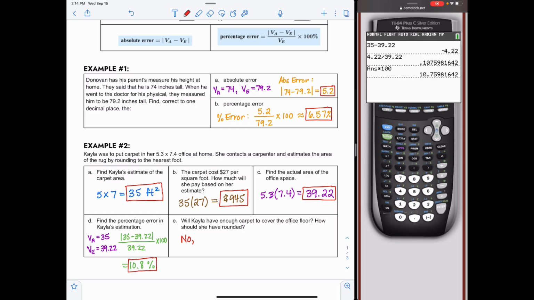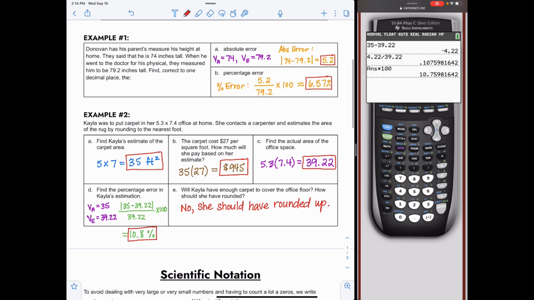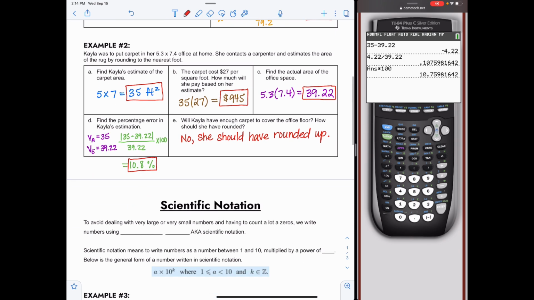So technically she should have rounded up. Okay, so Kayla should have rounded up, because you would rather be safe than sorry. All right, so that is our notes on error and percentage error.